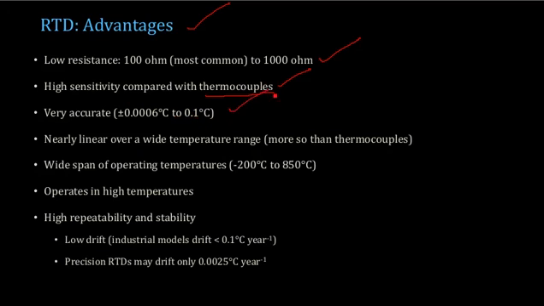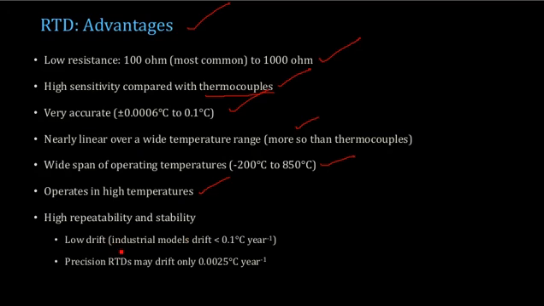effectively. It is highly accurate, and we have already seen that it is linear over a wide range of temperature in case of platinum RTDs. And it has a wide operating range, and it is able to operate at high temperature. We have to provide some protection for operating at high temperatures, and it is highly repeatable and stable.